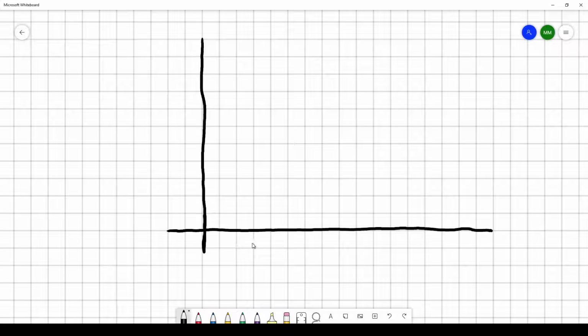So you can assume that every box is an increment of 1. So this is 5 here, and then this is 10, this is 15, and same thing here, 5, and this here is 10. Okay, and then I'll have a graph that looks something like this.